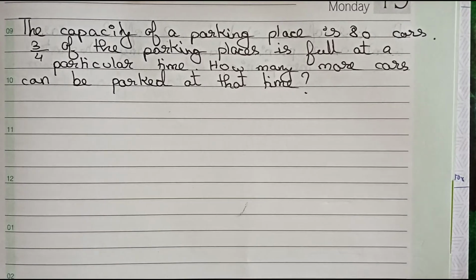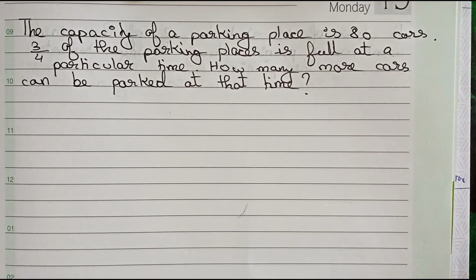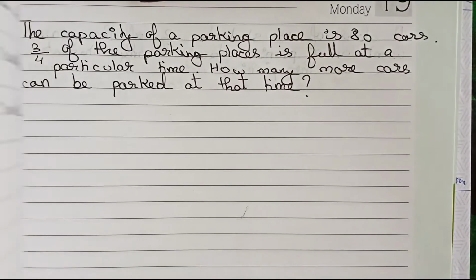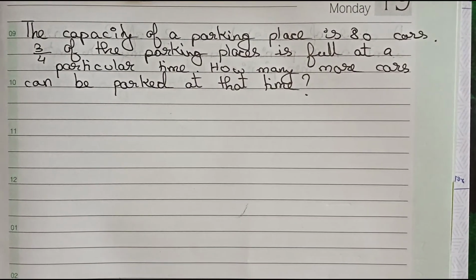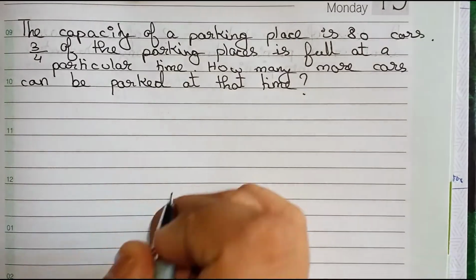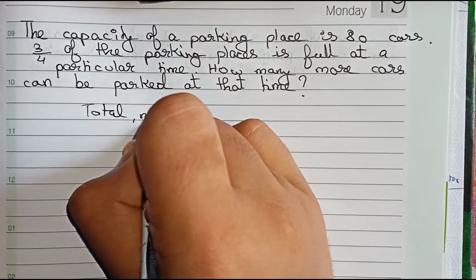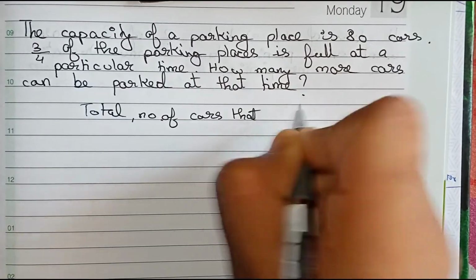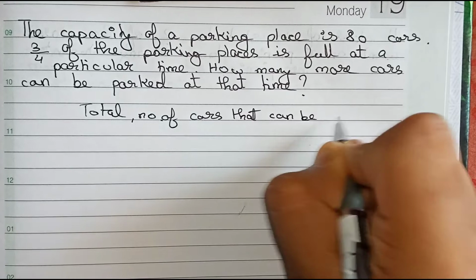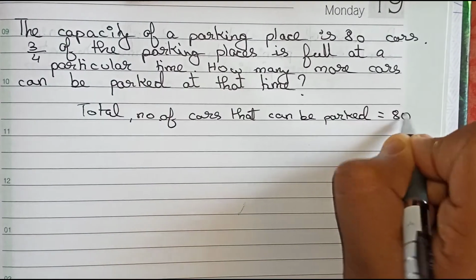So now our next question is, the capacity of a parking place is 80 cars. 3 by 4 of the parking place is full at a particular time. How many more cars can be parked at that time? So this is our question. So now I solve this. So let's write the total number of cars that can be parked is equal to 80.